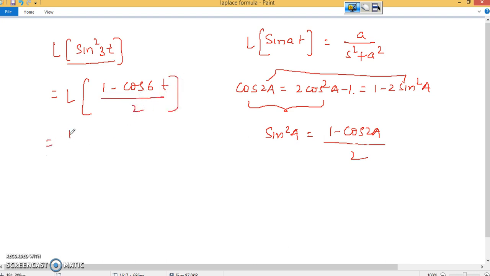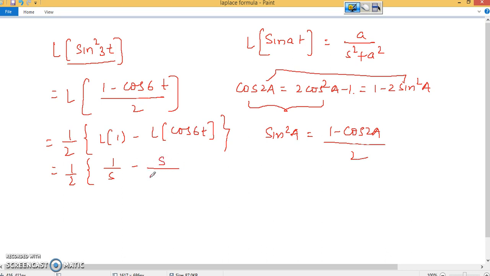So 1 by 2 is constant: Laplace of 1 minus Laplace of cos of 6t. So 1 by 2 times Laplace of 1, which is 1 by s, minus Laplace of cos of 6t, which is s by s square plus 6 square. So we can write 1 by 2 times 1 by s minus s by s square plus 36.